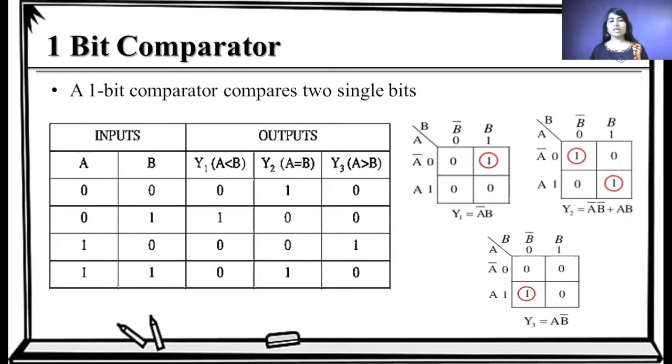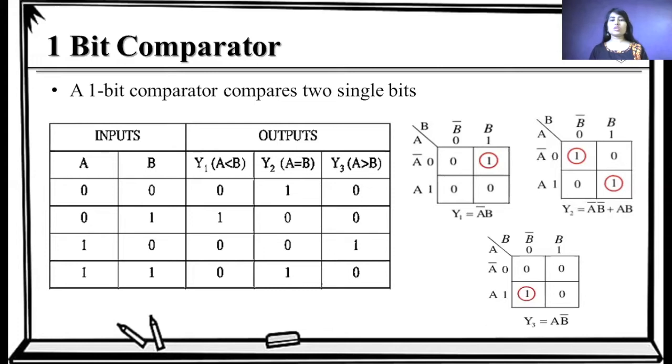Here we make the map for AB: for 0 0 and 0 1 we have output 0, and for 1 0 we have output 1. So here we have the equation y3 equals A B dash.